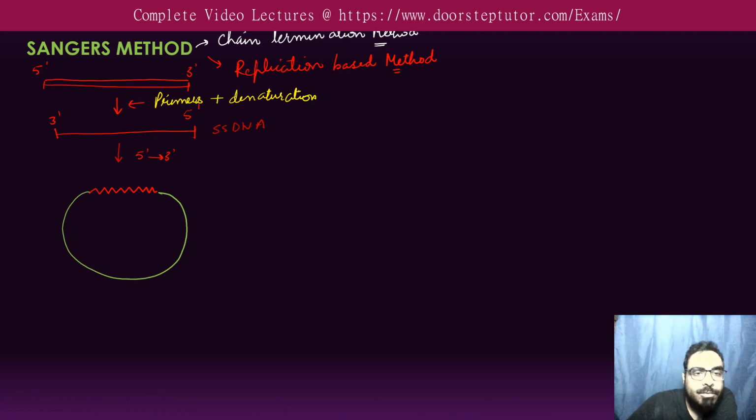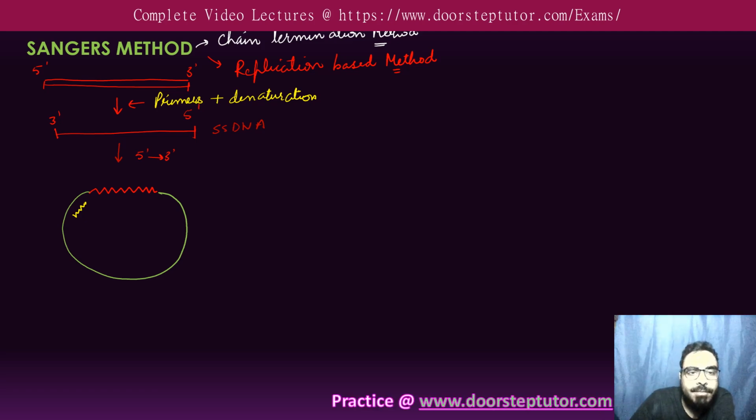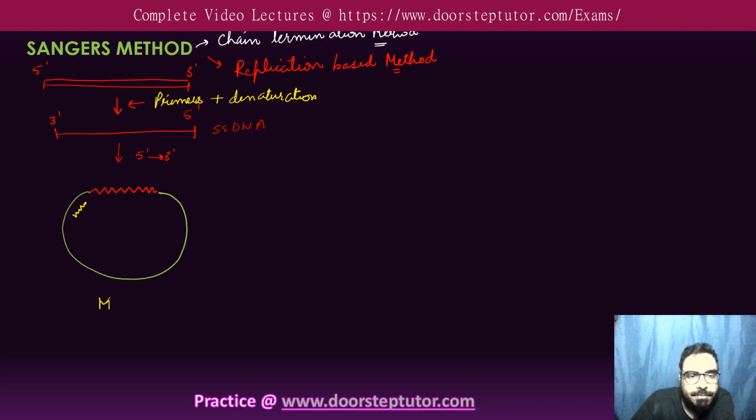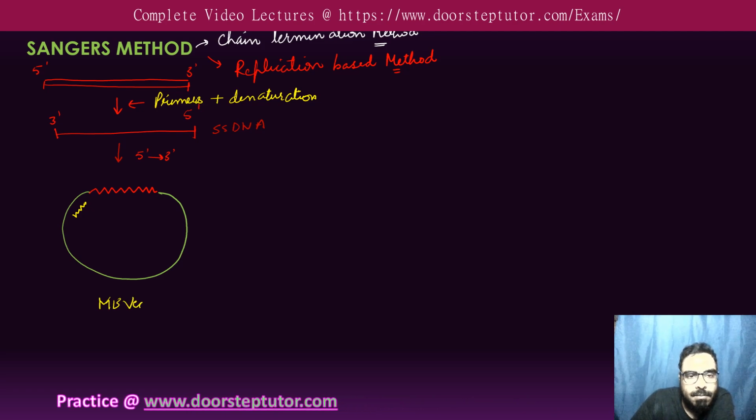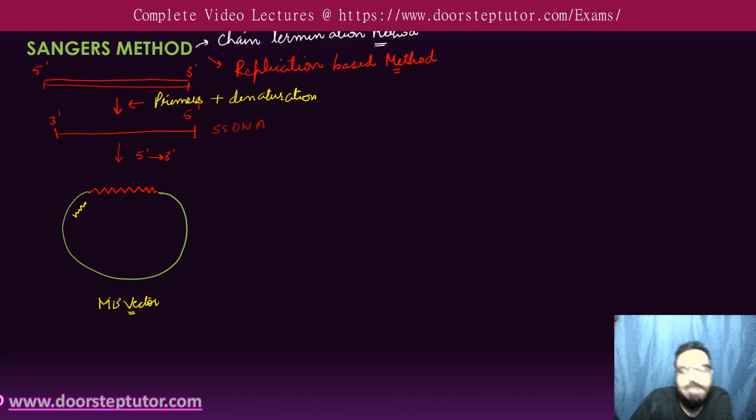So the 5 prime to 3 prime primer you have added is specifically for your M13 vector, because the vector sequence is known.